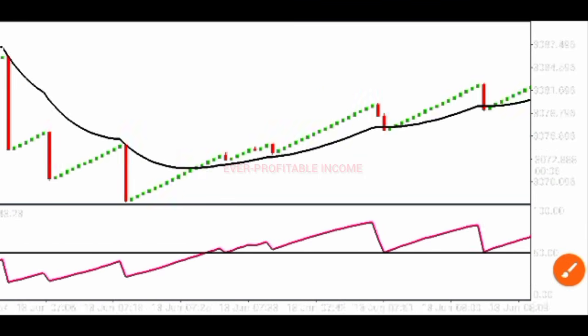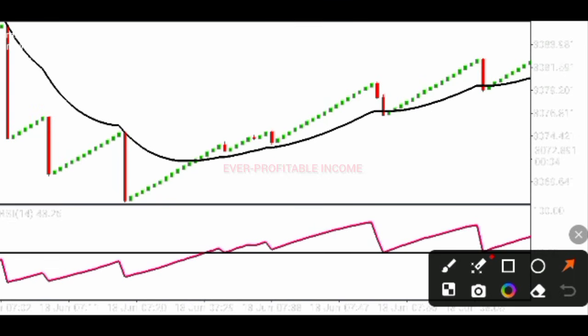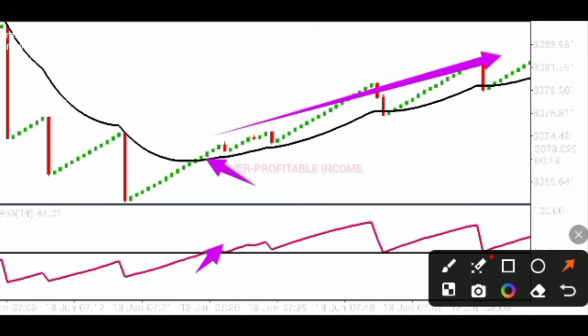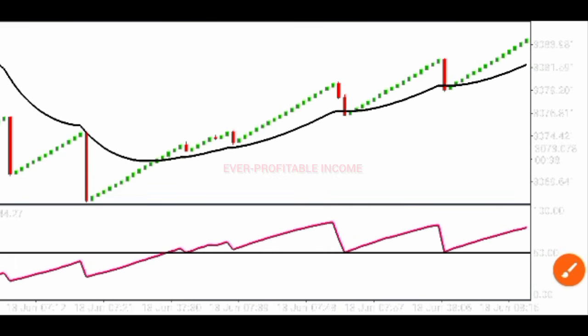You wait until the RSI crosses above level 50. Once it crosses above level 50, look at your chart and ensure that your MA has crossed below the price. Then you hop into the trade and you're going to make massive profit scalping safely, without being knocked out by spikes and without making huge losses or blowing up your account.